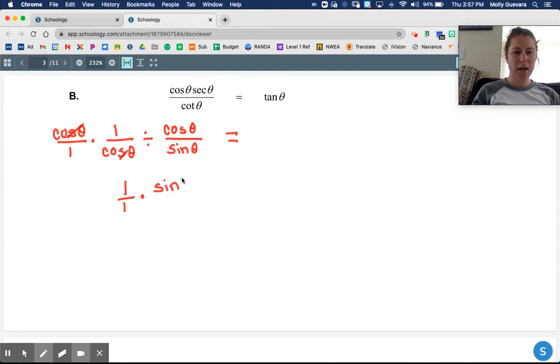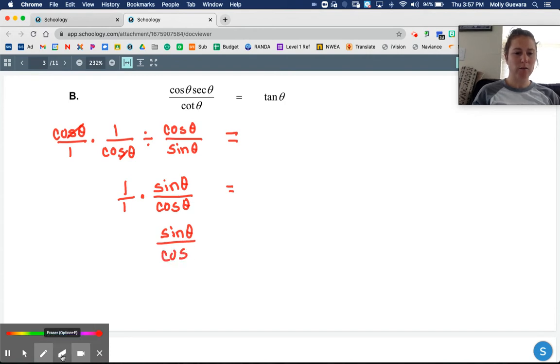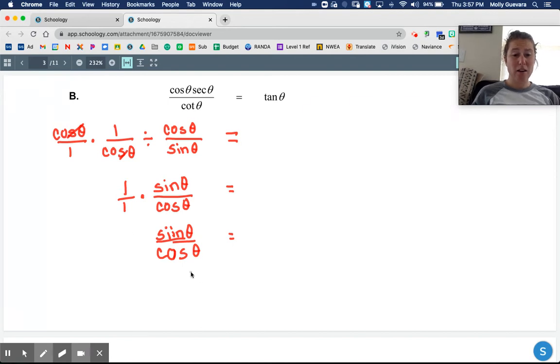So 1 times sine of theta over cosine of theta is just sine theta over cosine of theta. And then sine theta over cosine of theta is tangent of theta. And that's what I was trying to show.